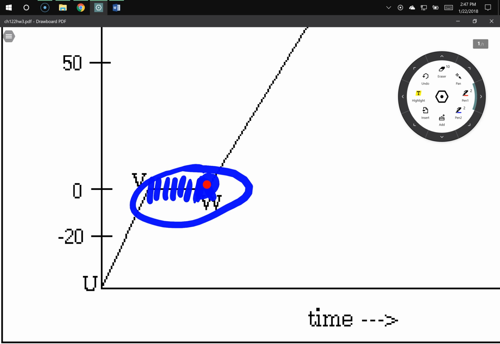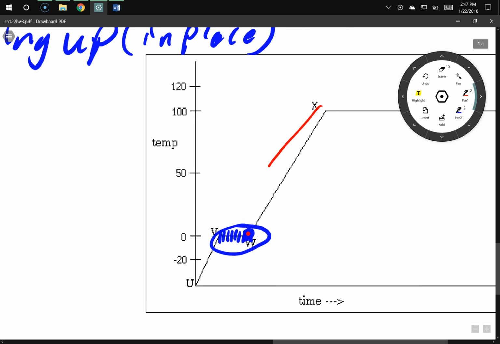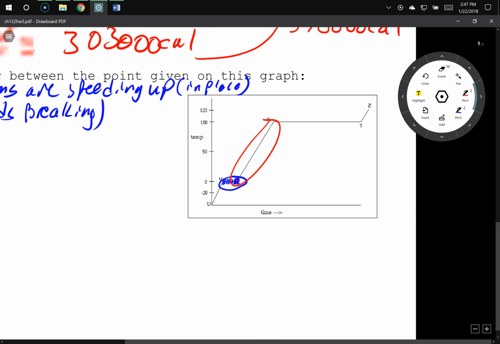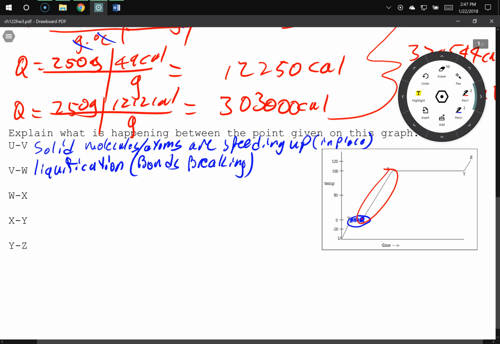All right, so now what's happening here? I like that. Liquid, and the molecules or atoms are speeding up.